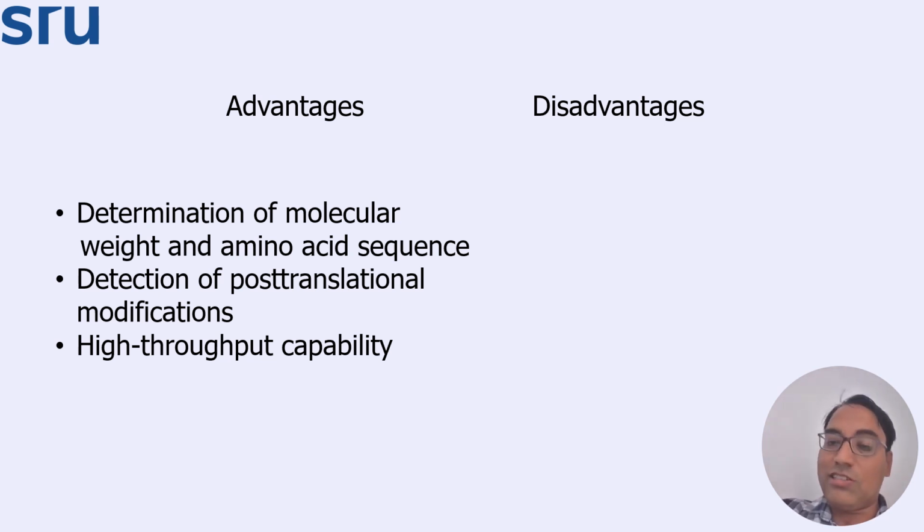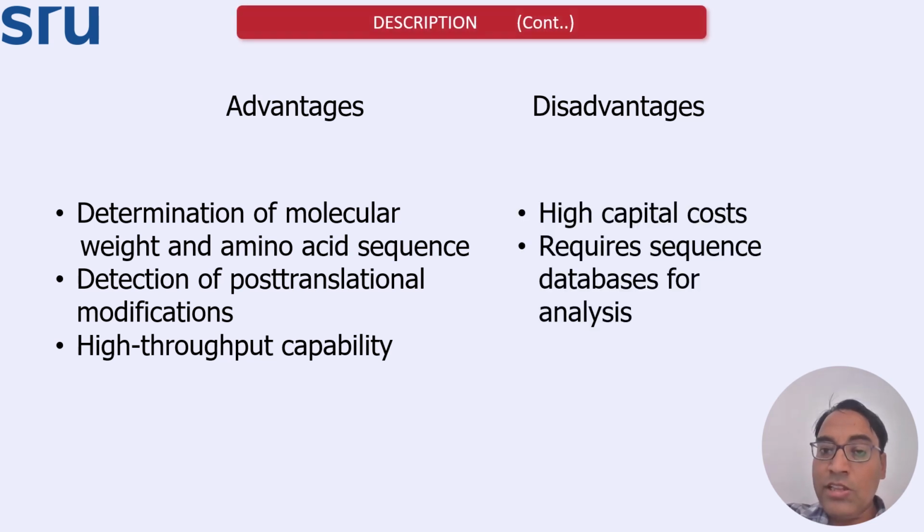However, there are some disadvantages as well. The machine or apparatus is very costly. Moreover, it requires a sequence database which needs to be constantly updated. Whatever protein fragments come up, you always need to update the database.